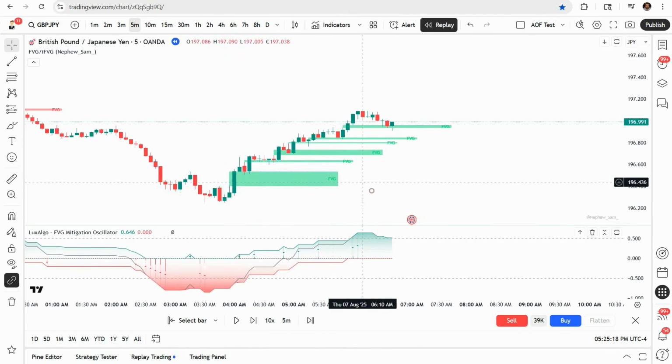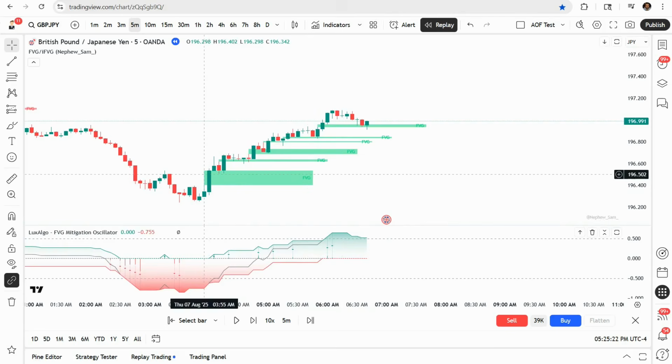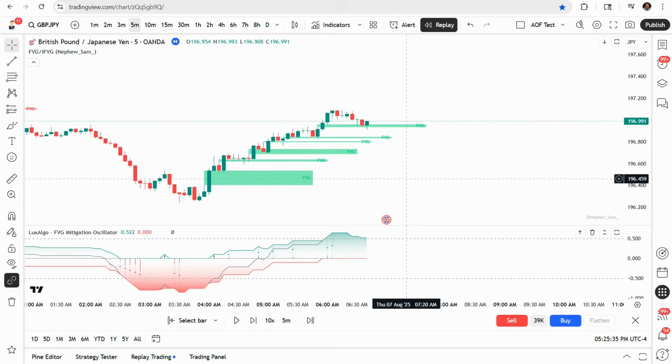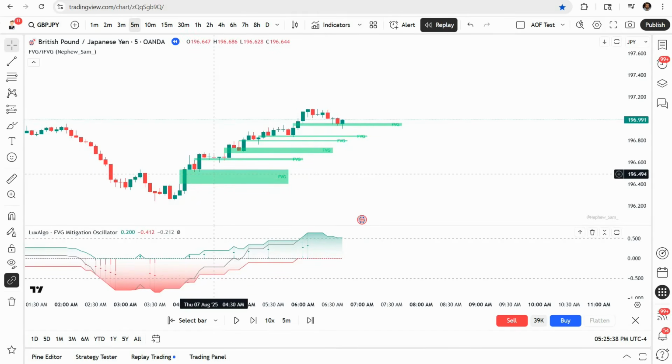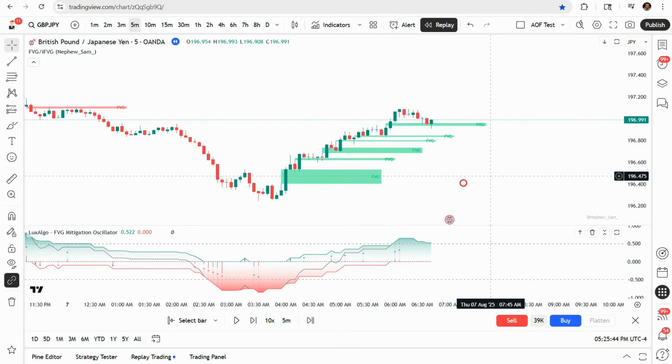They call it a fair value gap, and usually it notes a lot of strength within the market in a particular direction, leaves an imbalance in the market, and price often will respect or trade back into it to then continue in that particular direction. Green ones mean that it's a bullish fair value gap. Red ones mean that it's a bearish fair value gap.